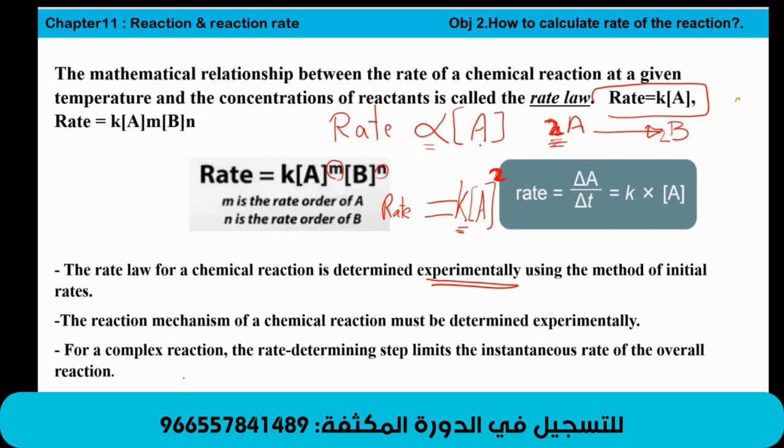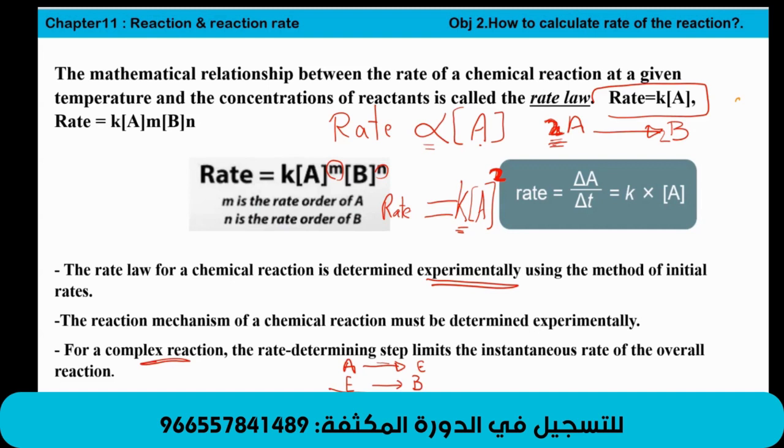For a complex reaction, the rate determining step limits the instantaneous rate of the overall reaction. We have another type of reaction, we call it a multi-step reaction or complex reaction. It's basically a long reaction where A will turn into E, then E will turn into B. So at the end, A will turn into B, but after long steps.